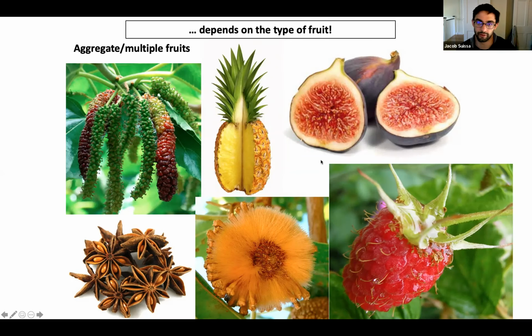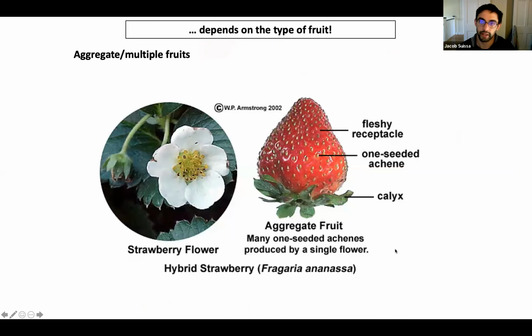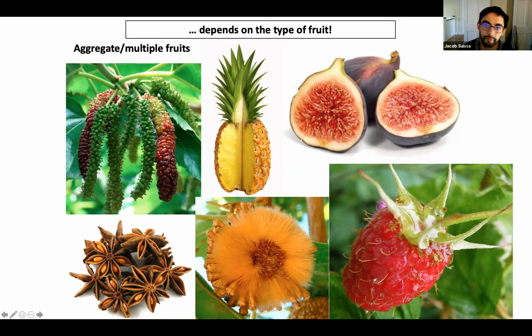It's interesting because in the raspberry we're eating the ovaries, the modified carpels, and in the strawberry we're eating the receptacle. So it's kind of the opposite. It's really interesting. So then multiple fruits, like I said, are the formation of one fruit from multiple flowers.